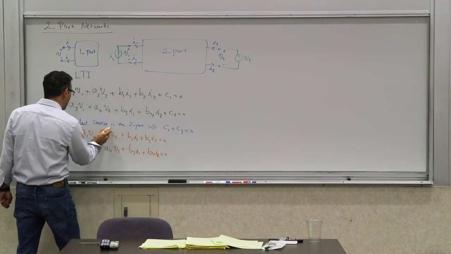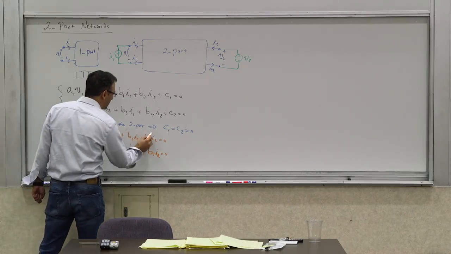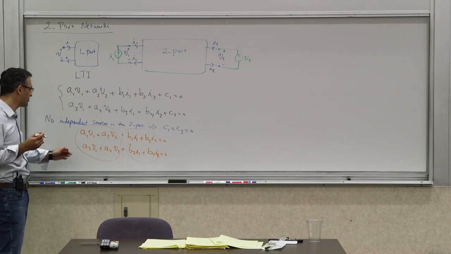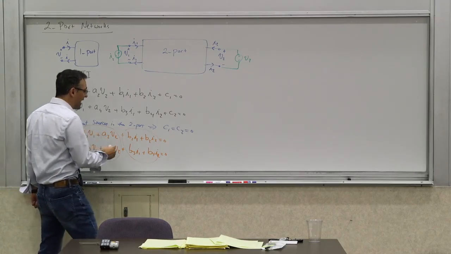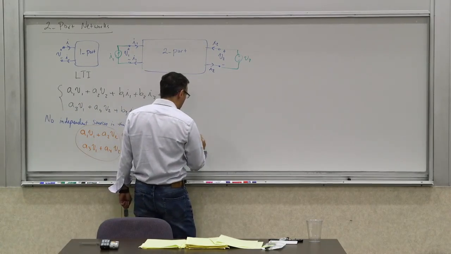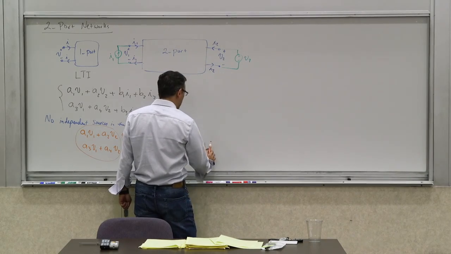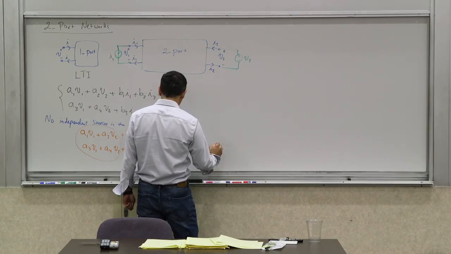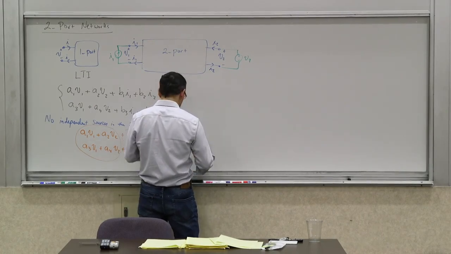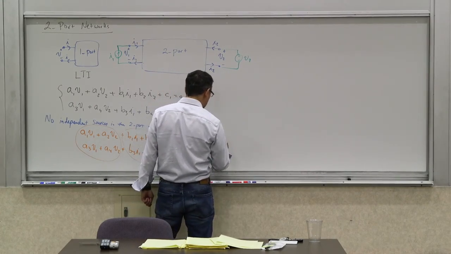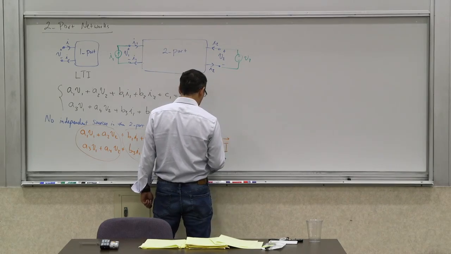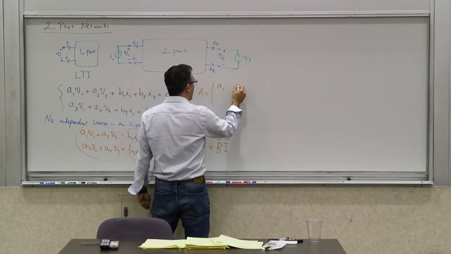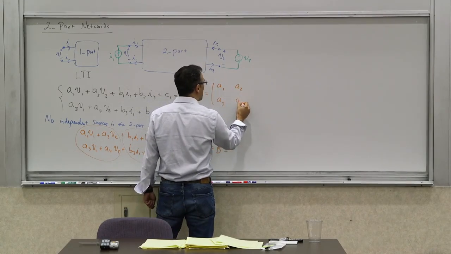Now you can recognize these forms, right? Probably if you look at these carefully, this should remind you of something, which is basically the matrix multiplication. So you can actually represent this entire thing as a matrix A multiplied by a vector V being equal, and you can move these terms to the other side, to a matrix B and a vector I, where matrix A is A1, A2, A3, A4.